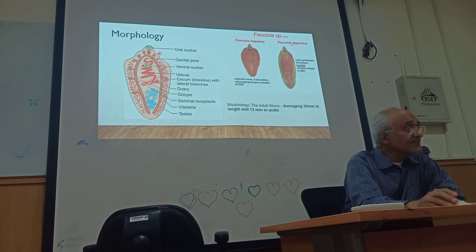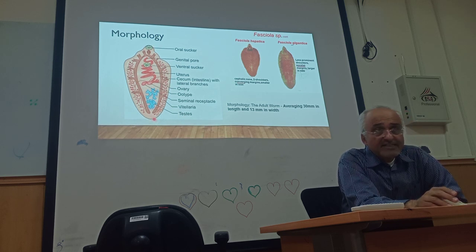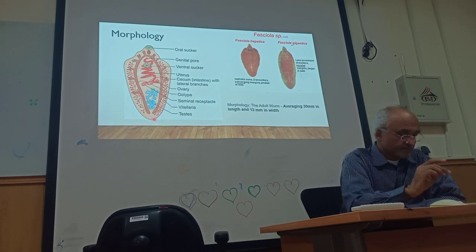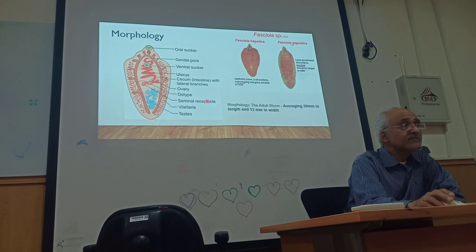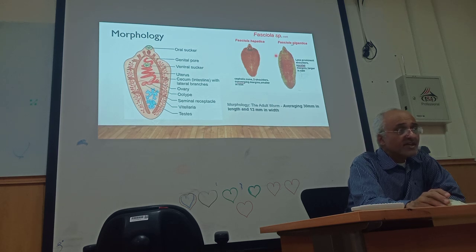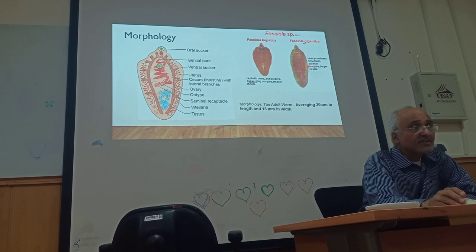This is the oral sucker, genital pore, ventral sucker, uterus, ceca, the branched one with lateral branches. This is the ceca, and this is the testis. You cannot see a real anal pore for excretion. And you can see here Fasciola hepatica has converging margins, compared with the parallel margins of the other.